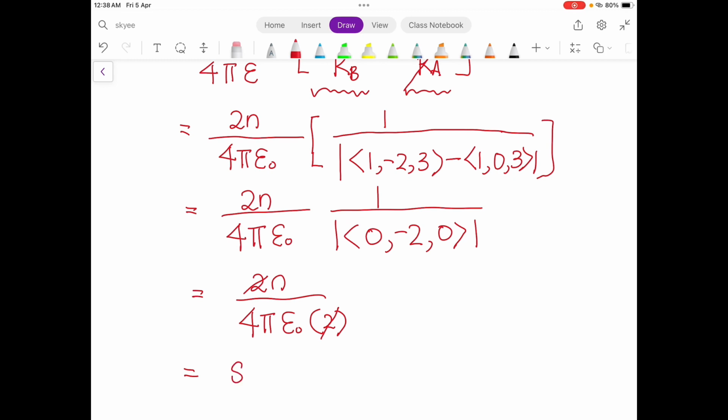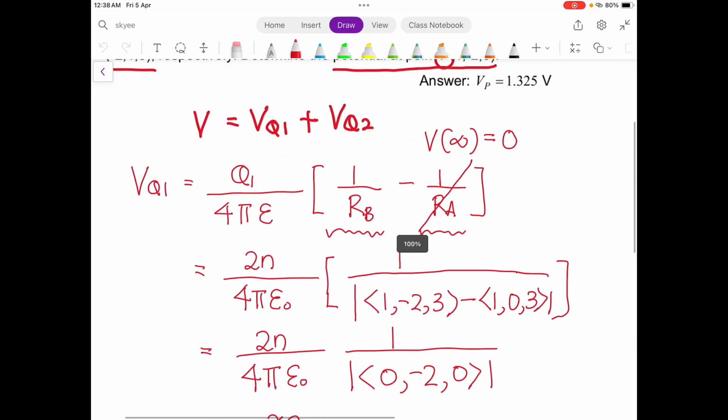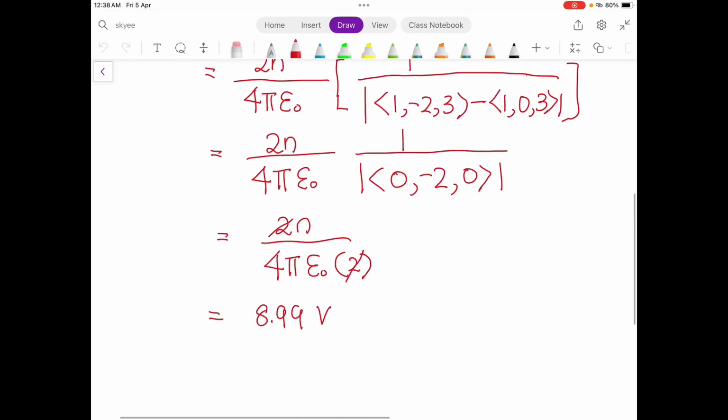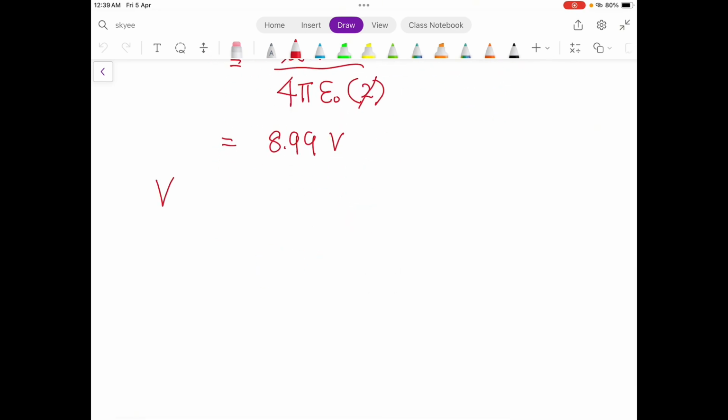It equals 8.999 volts. This one is the voltage contributed by Q1. Then we go to the voltage contributed by Q2.